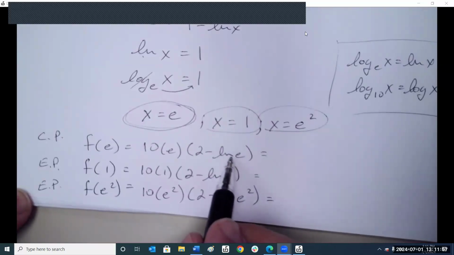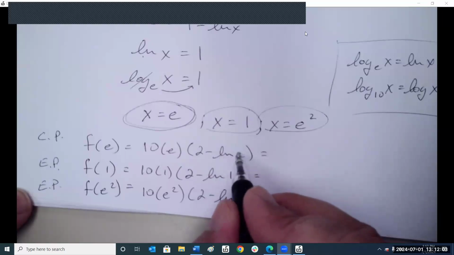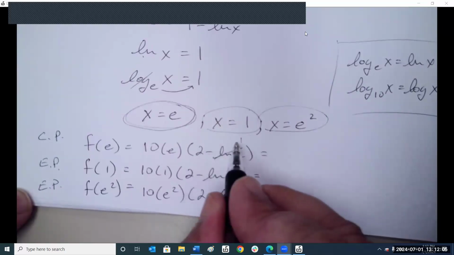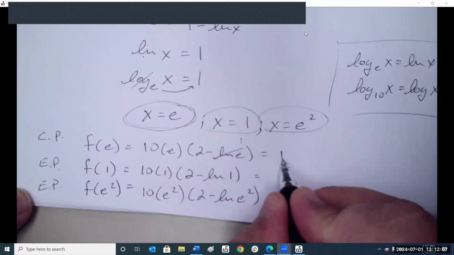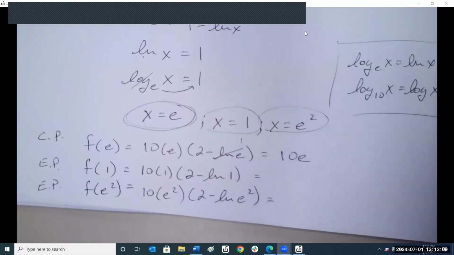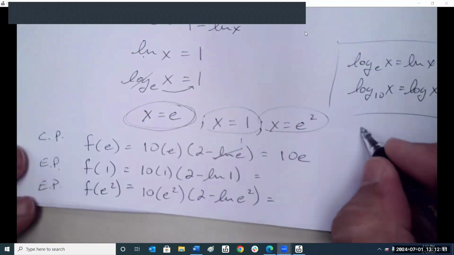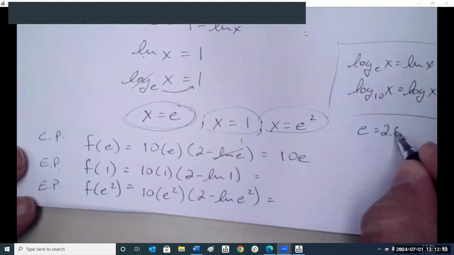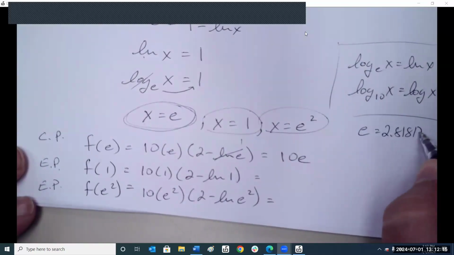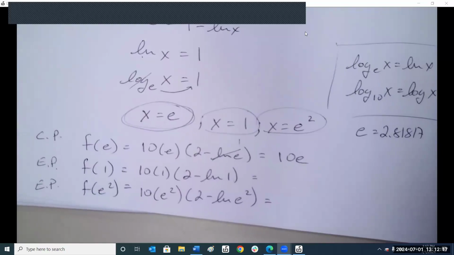What is ln e? 1, because log base e of e is 1. So 2 minus 1 is 1. So this one equals 10e. And remember, e is a constant, 2.81817, blah, blah, something like that.